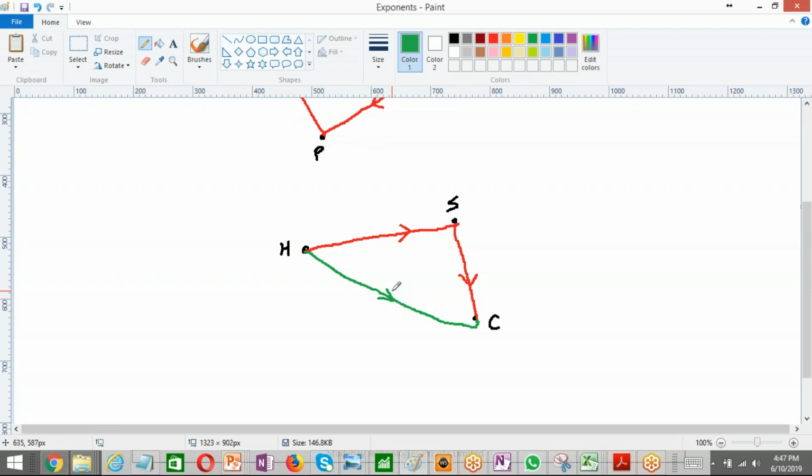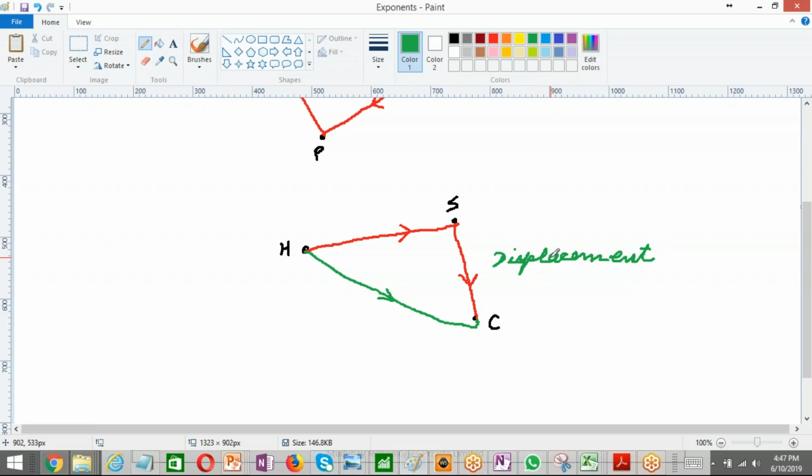Always remember that the shortest distance between the initial position and the final position is called displacement.